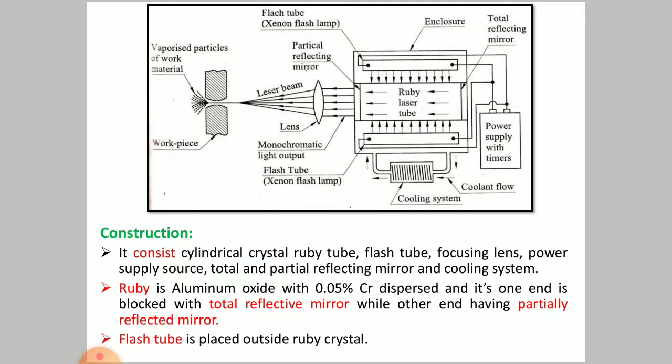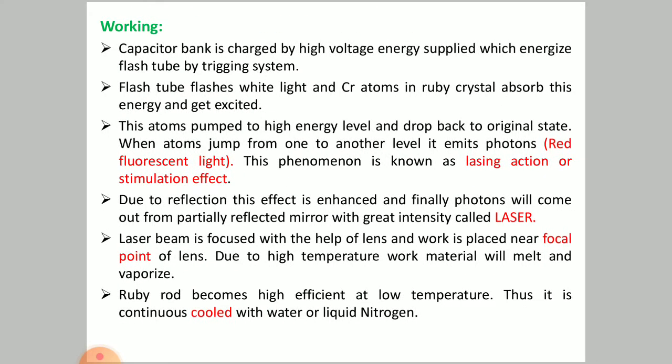The ruby crystal with 0.05% chromium is doped here, and one end is blocked with a total reflecting mirror. That arrangement is meant to allow the chromium ions to oscillate in the ruby crystal. After achieving certain kinetic energy, it will emerge out of the partially reflecting surface. Right?